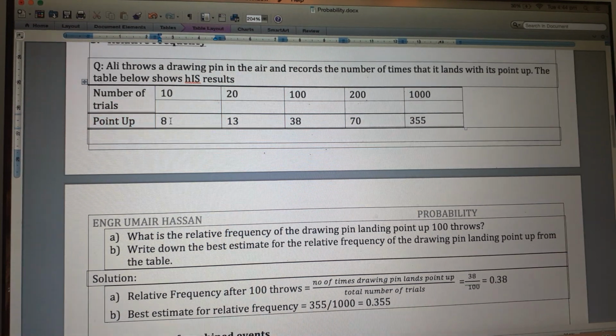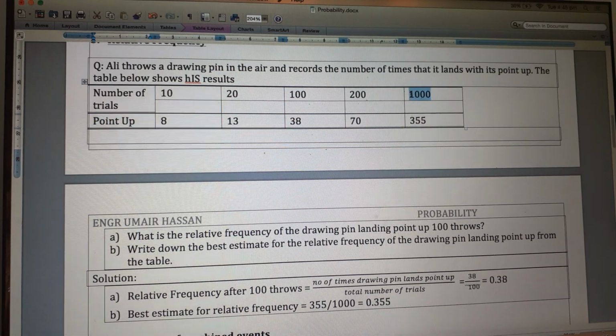Against 10, 8 times it will point up. If you throw it 20 times, then 13 times it will be pointing up. When the number of trials is 100, then 38 are the outcomes in which point up will be the case.